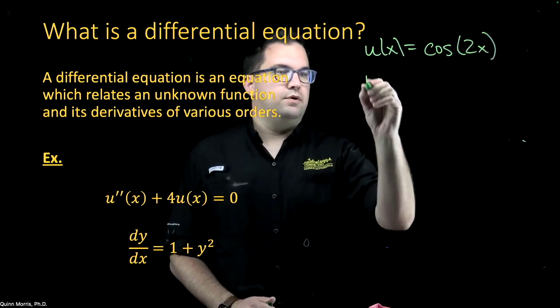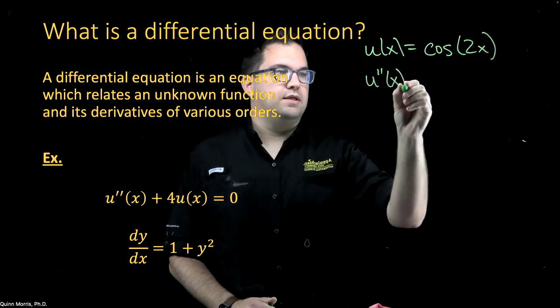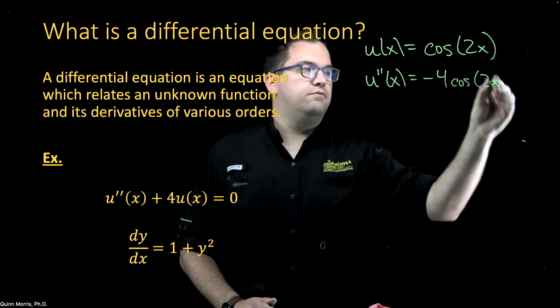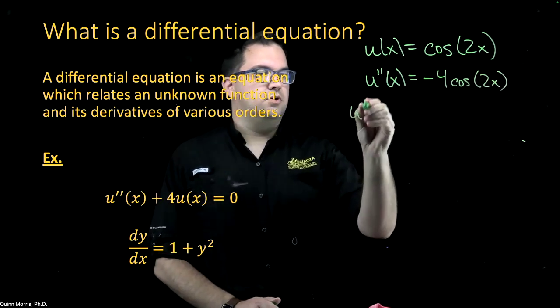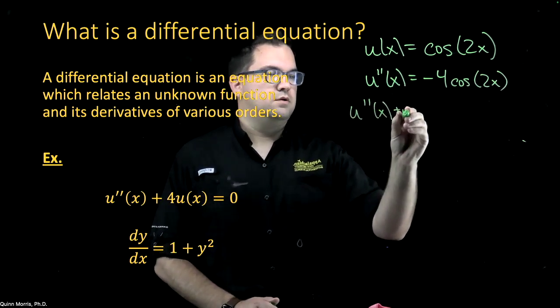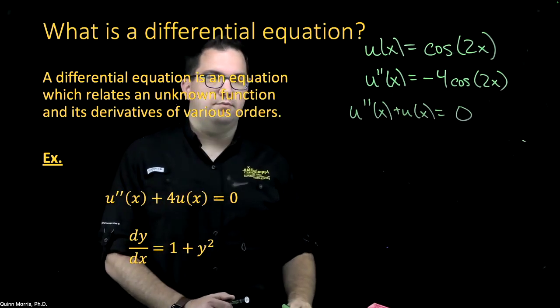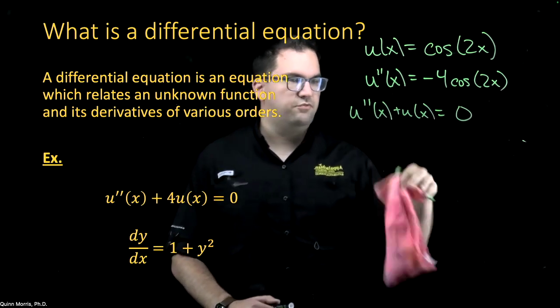Skipping a few steps, the second derivative is minus 4 cosine of 2x. And so u double prime plus 4u of x will again be equal to 0.